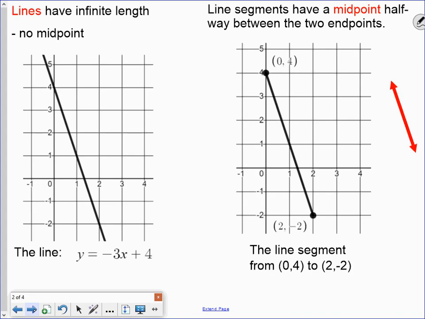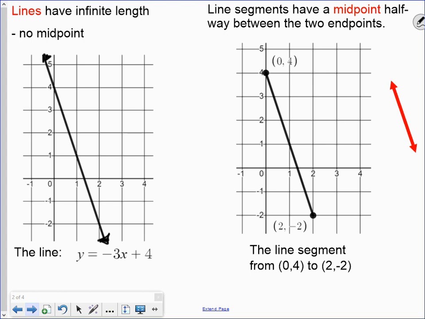So just a reminder here that lines, this is our line y equals negative 3x plus 4, have an infinite length. So if something is infinitely long, it doesn't make sense to talk about the midpoint of it, because the point that is halfway between something that goes to infinity and infinity doesn't make a whole lot of sense.